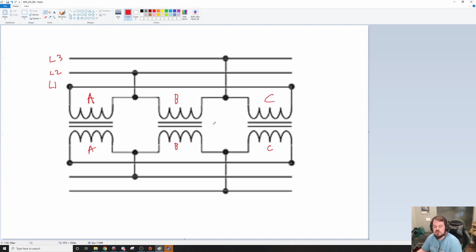So basically, a good way to identify between a Y and a delta is if you look at, just take A. Take A for example. One side of A is only connected to C and line 1.